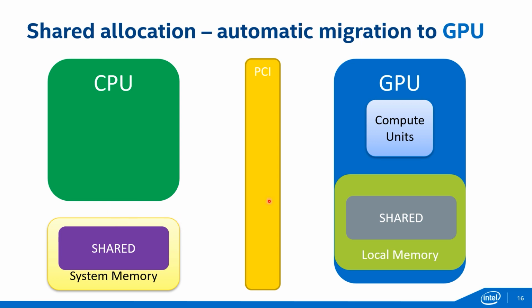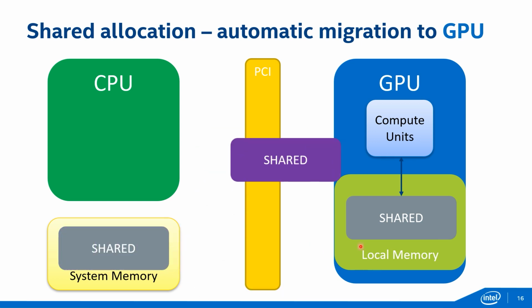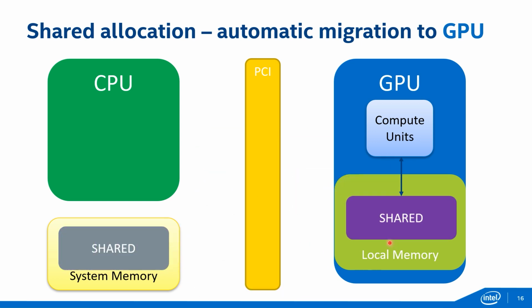When the CPU is done and the GPU starts to use the allocation, this gives a signal to the driver that now the GPU wants to use this allocation and we need to move it to the GPU domain. So we will move the allocation over the PCI. This is the automatic migration. The allocation will actually move from system memory to the local memory, so the GPU can access this memory efficiently. The GPU will now utilize this allocation and the contents will be here.